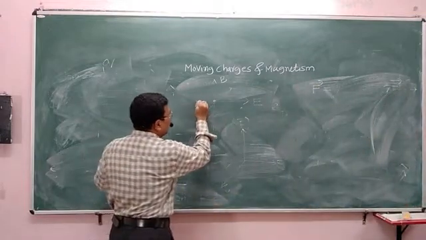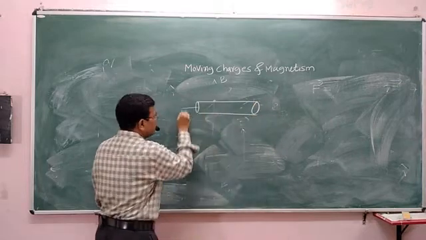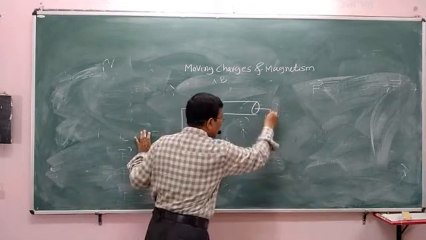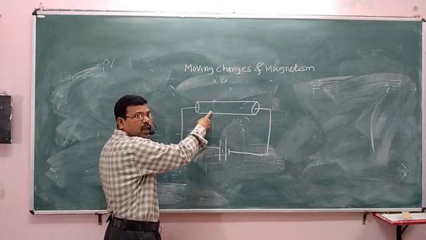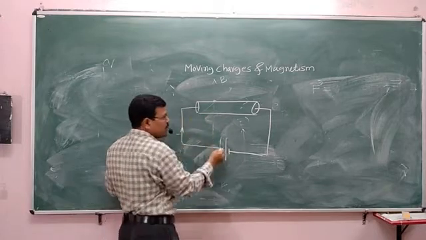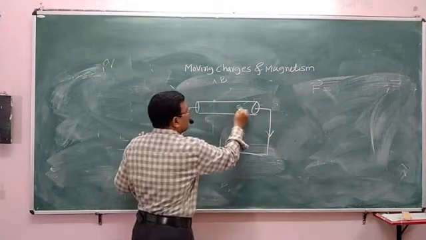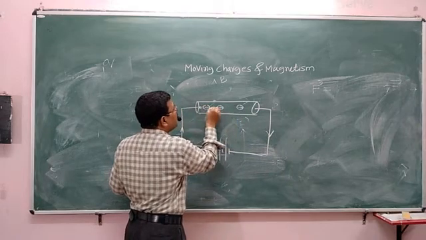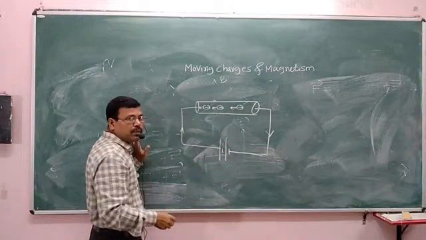Here we have a current carrying conductor. Here is a conductor, a copper conductor, aluminium conductor. The direction of the current is from positive terminal to negative terminal, and the flow of electrons is from negative to positive.